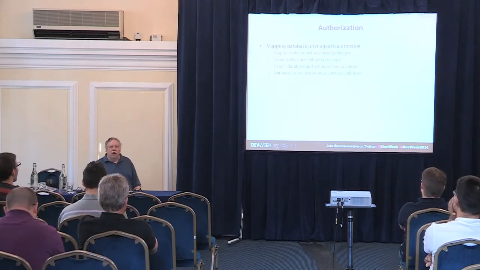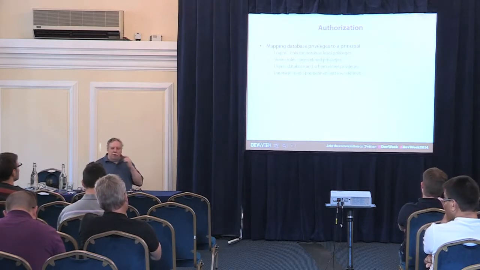Everybody good so far? Authorization. Authorization is basically mapping database privileges to a specific principal. And you can map them to logins, you can map them to server roles. The user-defined server roles can be assigned privileges. The built-in server roles can only have predefined privileges. Users can be assigned privileges.